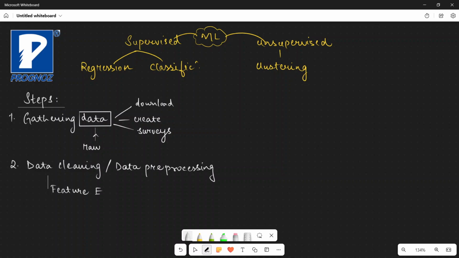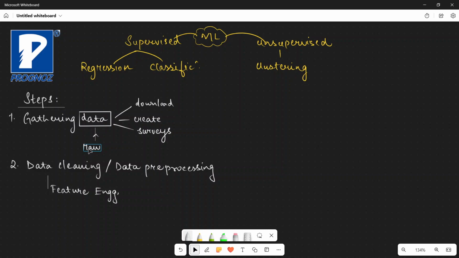So feature engineering is the technique which we use to clean the data. And why is it important for us to clean the data? Because the data is in its raw state, which means that it will have misclassifications, it will have redundancies, which we need to get rid of.